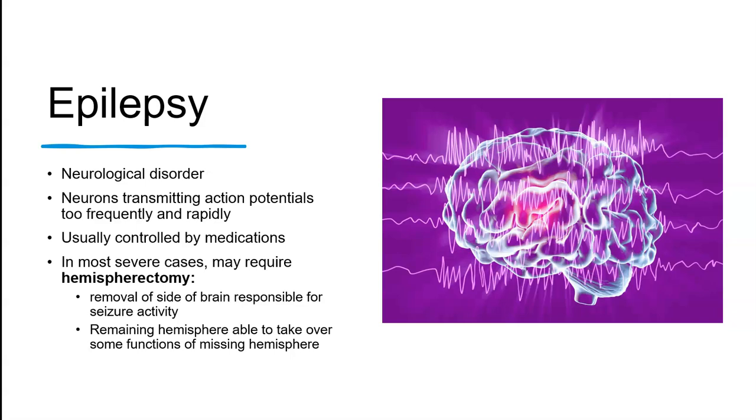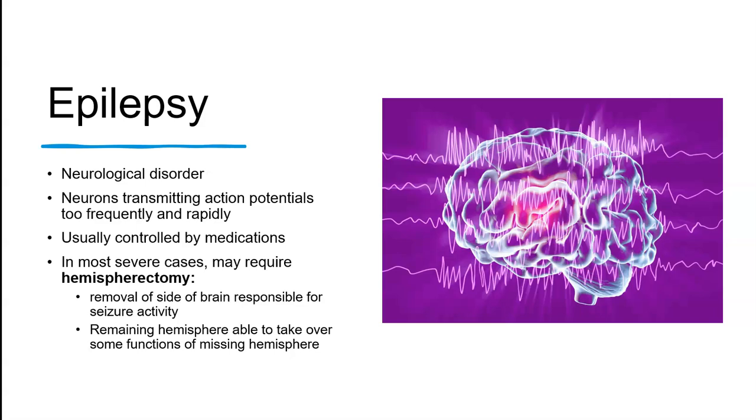Sometimes that helps. Other times, in very severe cases, a more drastic form of surgical intervention is needed, and that's called a hemispherectomy, where the corpus callosum is actually cut, and that interferes with the processing of stimuli from one side of the brain affecting the activity on the other.